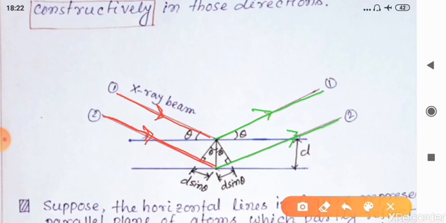We can see clearly from this picture that ray 2 has to travel more path than ray 1.